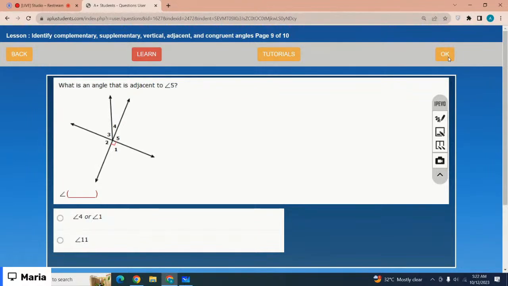What is an angle that is adjacent to angle 5? Which is the correct option? The correct option is angle 1.